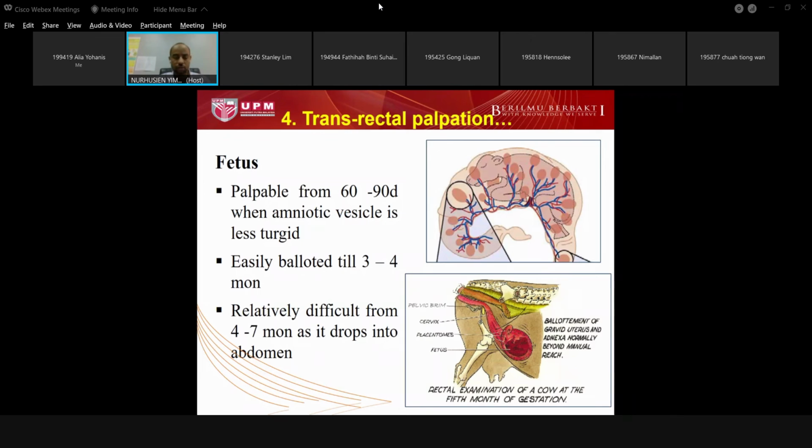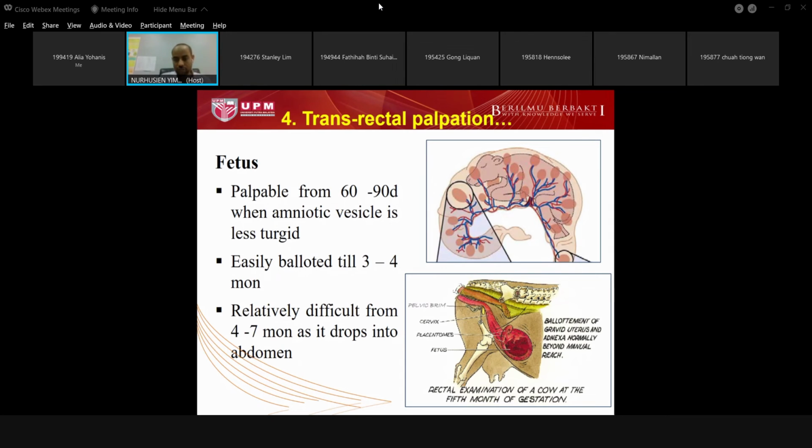As we talk about the fetus, as I said, it's time dependent. We are talking about the fetal period of the pregnancy. Usually the fetus will be palpable from day 60 to 90, when the amniotic vesicle is less turgid. It doesn't mean we don't have a fetus before that. We do, but because the amniotic membrane and the chorioallantoic membrane become turgid during this period, it's difficult to appreciate the fetus beyond the membrane.